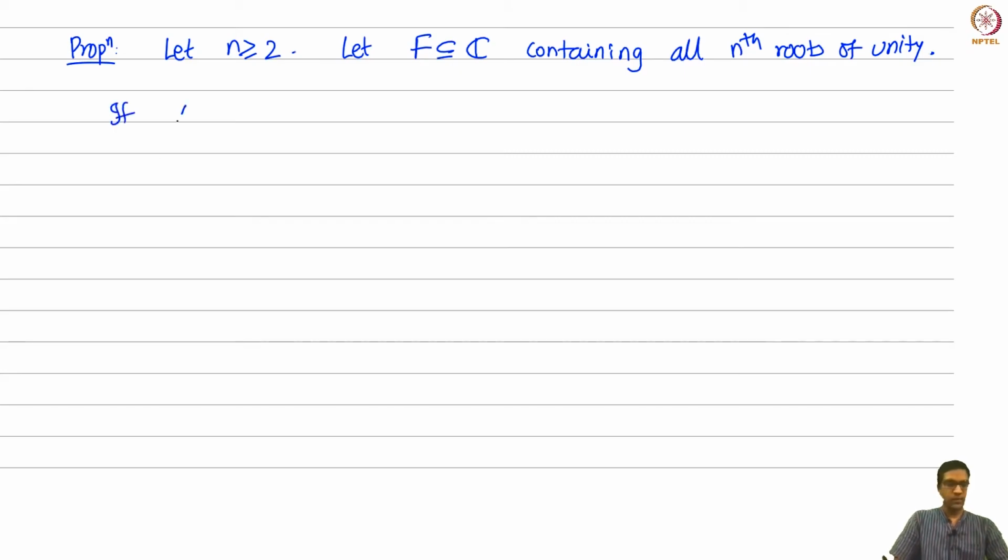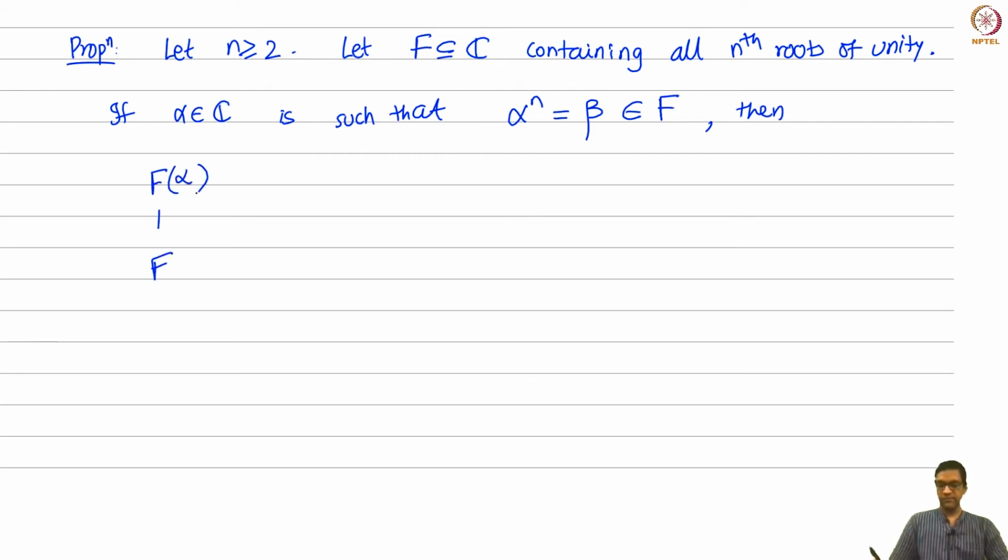Now if alpha in C is such that its nth power belongs to F, then the extension F adjoin alpha over F is actually Galois, and further with cyclic Galois group. So this is the key proposition.